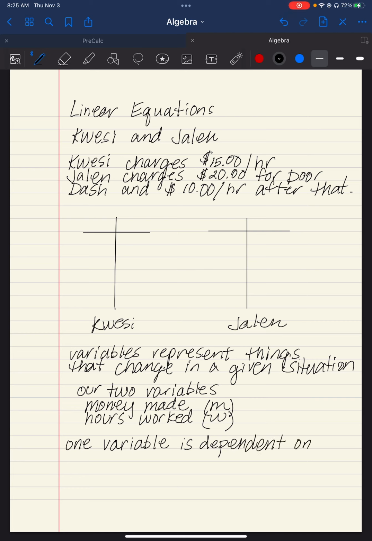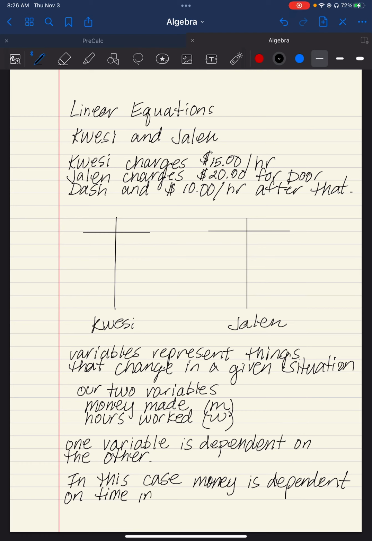In this case, the money that you make is dependent on the amount of hours that you work. You get to essentially choose how many hours you work, but when you choose that, based on those hours and the amount that you've set for your salary, you'll be able to calculate how much money you make. So in this case, money is dependent on time in hours.